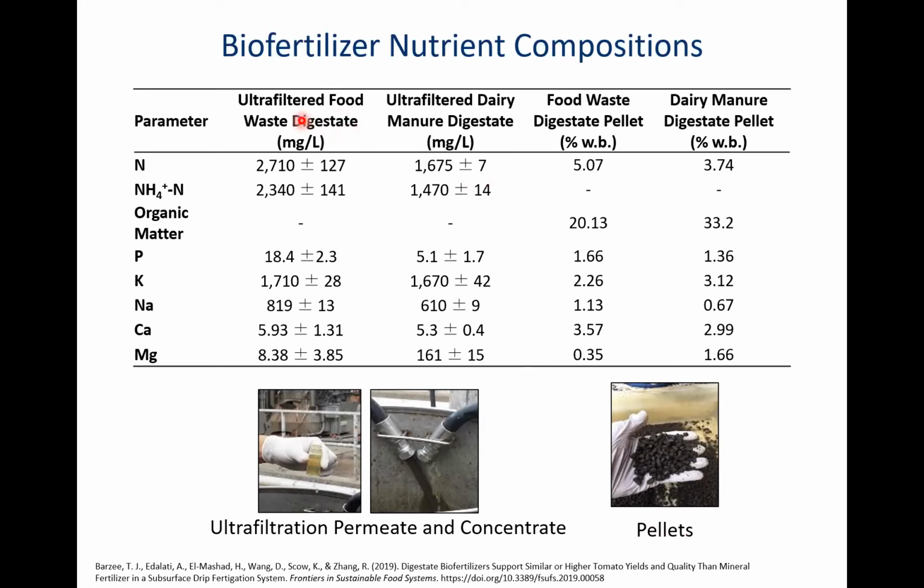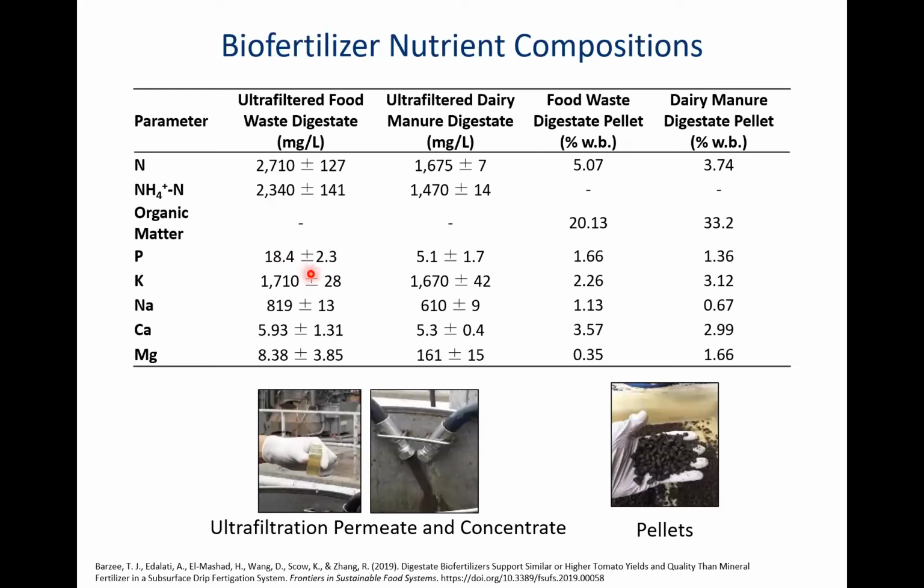For example, this is ultra-filtered food digestate. It may have something like 2.7% nitrogen, and as I mentioned, the majority of this, maybe 80%, is ammonia, and it also has some other nutrients.